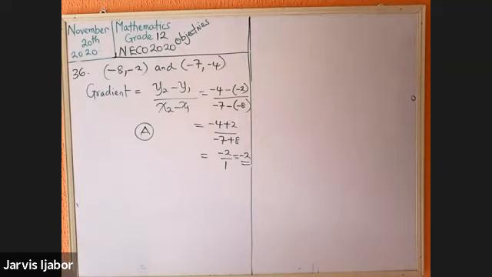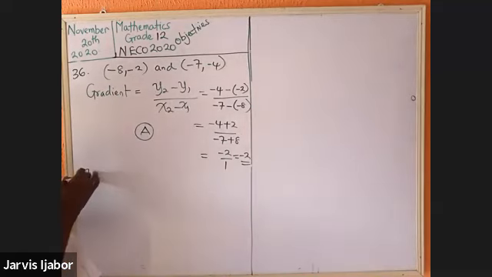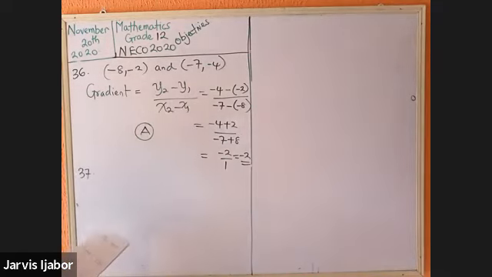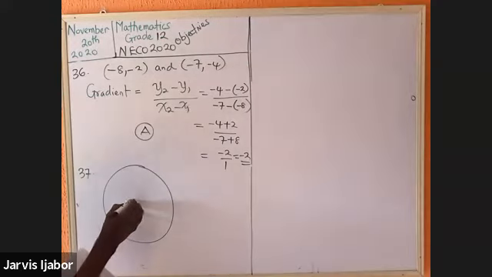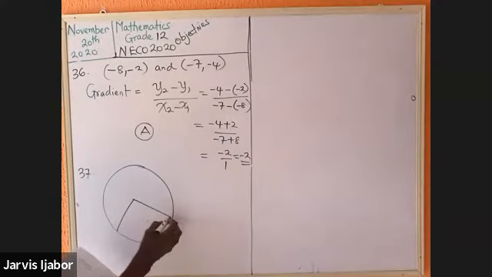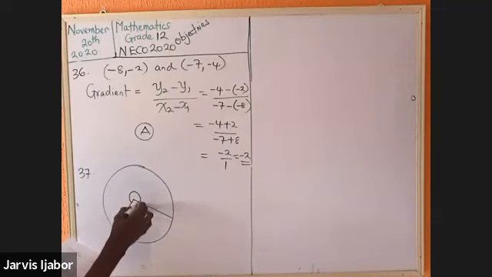So what about question 37? In 37, you are told that you have a circle with center O, and this angle is 206 degrees.